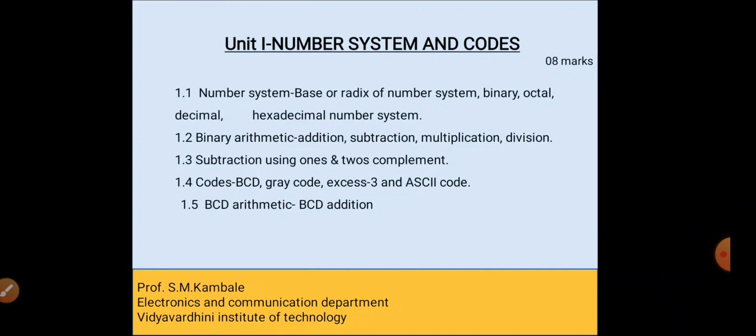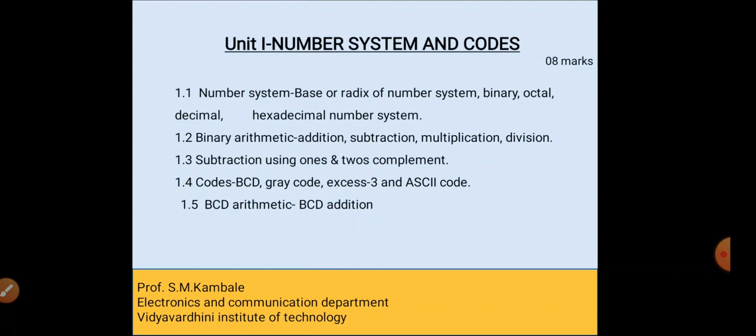And the last one, hexadecimal, in which the numbers used are from 0 to 9 and A to F. That is, 0 to 9 are 10 numbers and A to F are the 6 numbers. So the total is 16. Hex means 6, decimal means ten, so hexadecimal is a 16 number system.